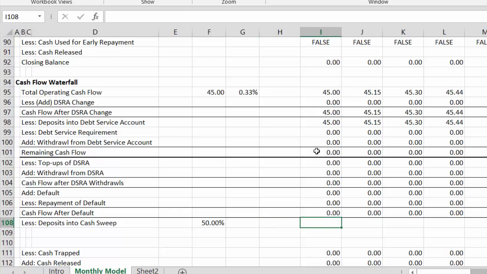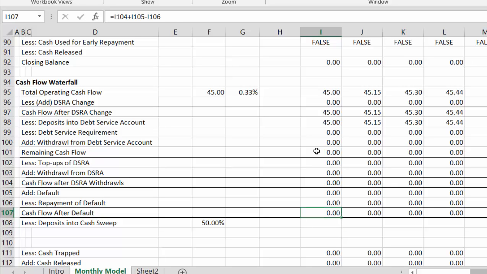He's right. But if there's a model, and if the model drives the debt sizing, but the debt sizing is included in the model, there is a natural circular reference there. In this instance, there's no natural circular reference.